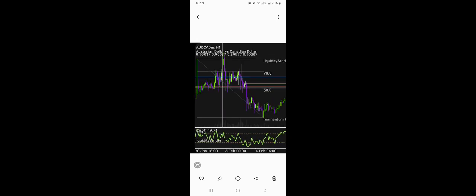Yeah, good. As you can see, this is Australian dollar versus the Canadian dollar. This was before, guys. You see, I was screenshotting this strategy, as you can see, setup going. I was just quiet, guys, quiet.